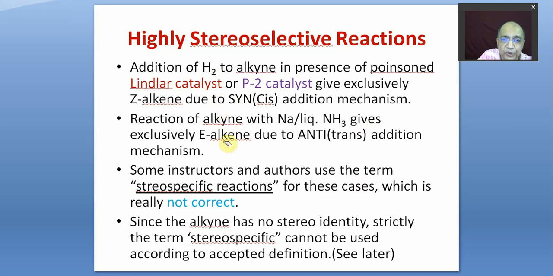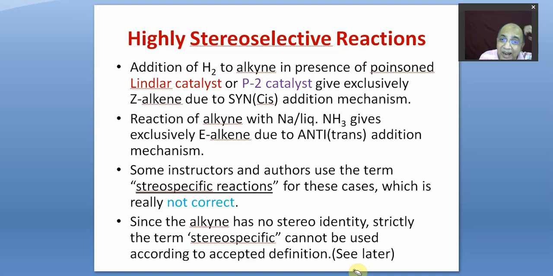Some instructors and authors use the term stereospecific for these cases, but that is incorrect, since the alkyne has no stereo identity. So strictly, the term stereospecific cannot be used according to the accepted definition of stereospecific reactions. We will discuss this in the next video.